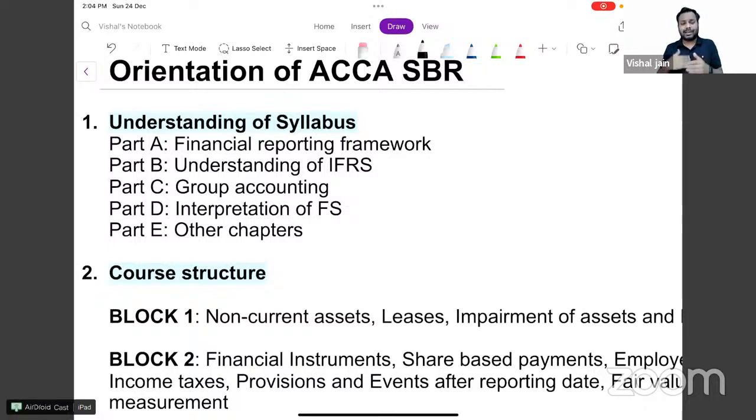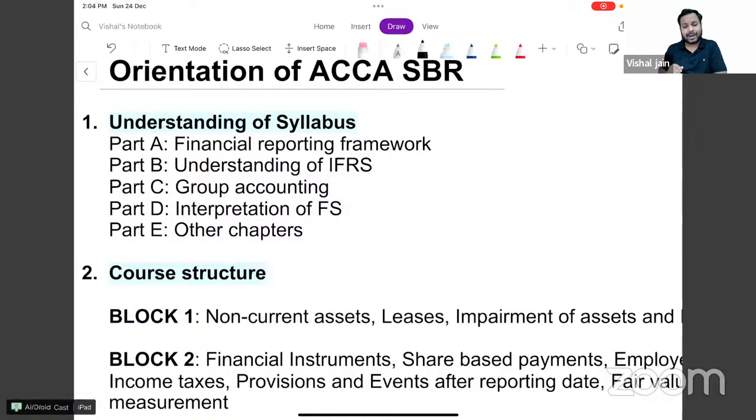Further, both the conceptual framework and the regulatory framework help a standard setting body set any new accounting standard on any transaction. Let's say we don't have any accounting standard particularly on Bitcoins. If the standard setting body wants to set an accounting standard on Bitcoins, they will take the help of the framework to set the standard. This is all about the framework.